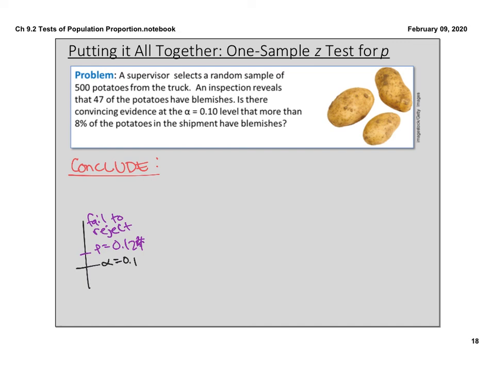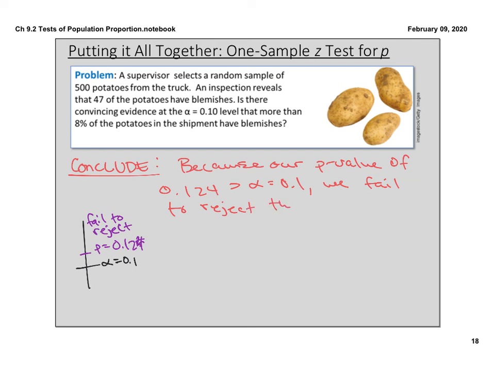Because our p-value of 0.124 is greater than the alpha value of 0.1, we fail to reject the null.